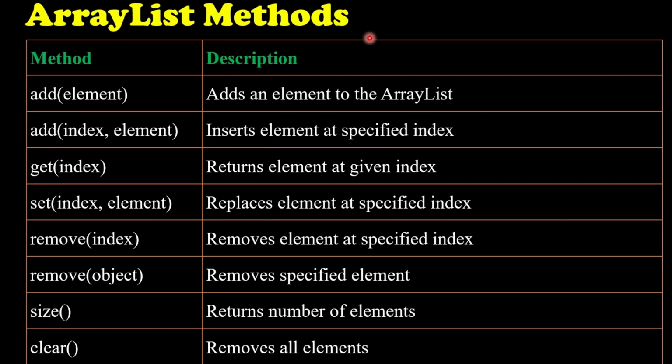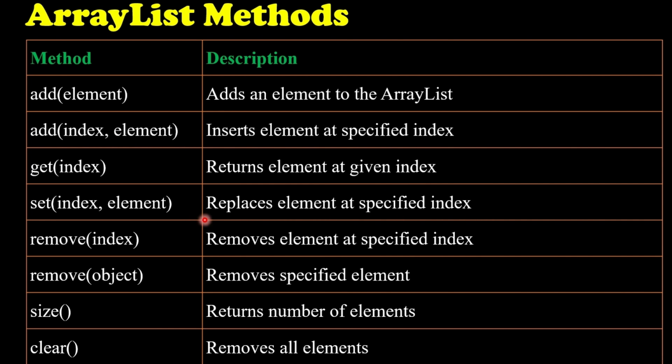When it comes to the ArrayList methods, a few methods are defined here. Add an element to the ArrayList. Add an element at a specified index. By default the element will be added at the end of the list, but here you can add the element at a specified index. Then get returns the element at a given index. Then set replaces the element at a specified index.